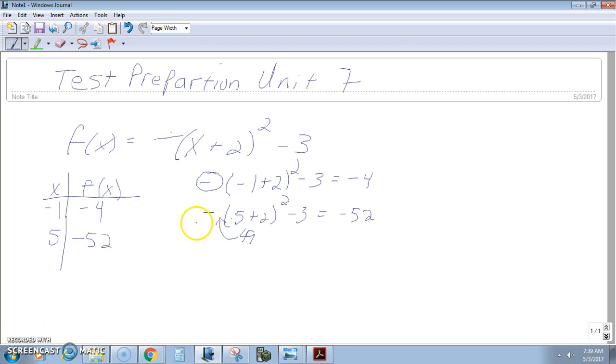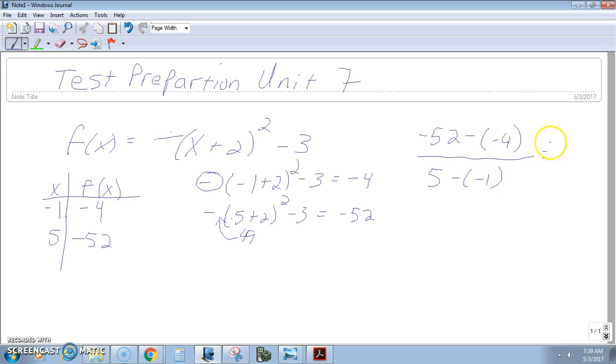So you can put them in the slope formula, and some kids wrote stuff up on the board for you to look at, which is the 2 y's. So let's say -52 minus -4 over 5 minus -1.